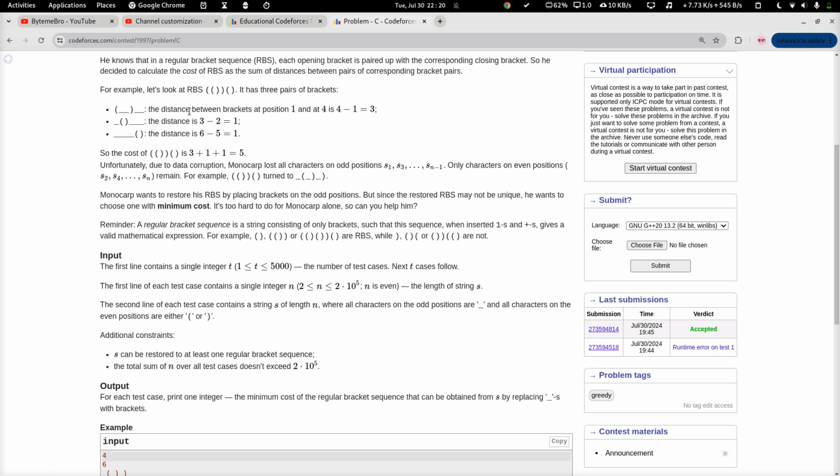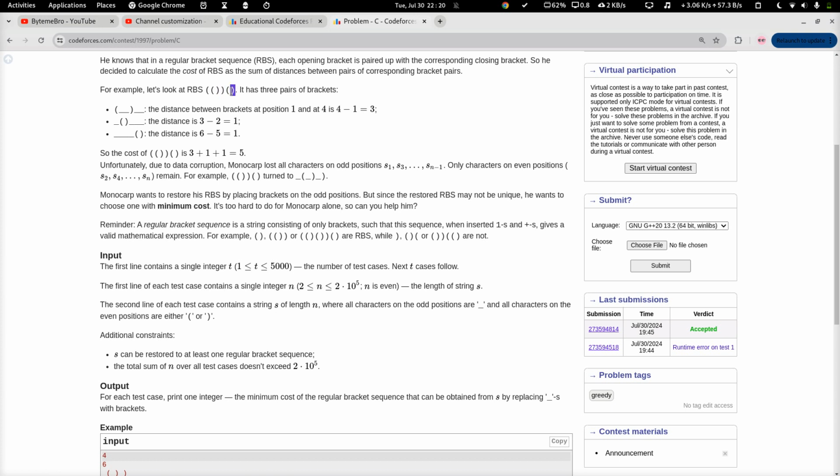So how can we calculate the cost? For the cost calculation, we can just add the index wherever the bracket is closing, for zero-based indexing. It means add 3, plus 4, and then plus 6.